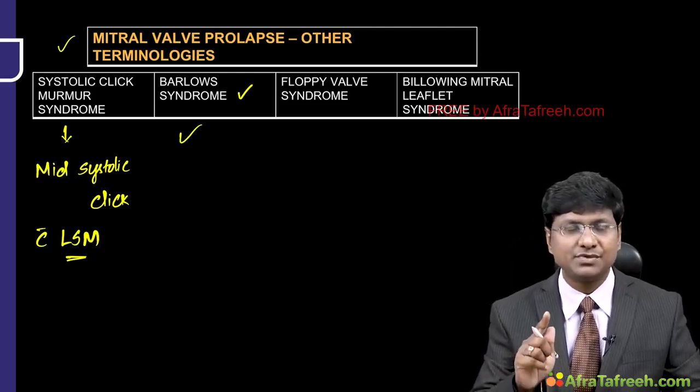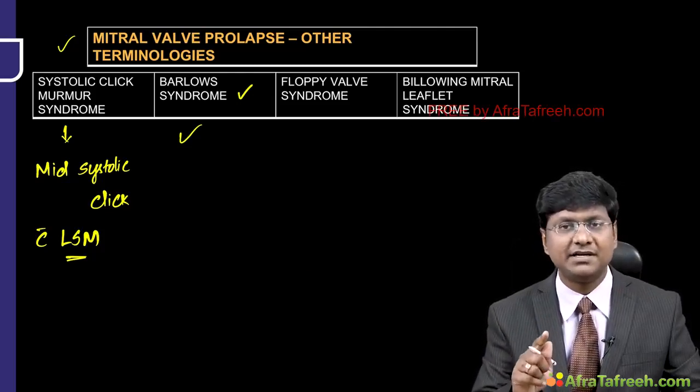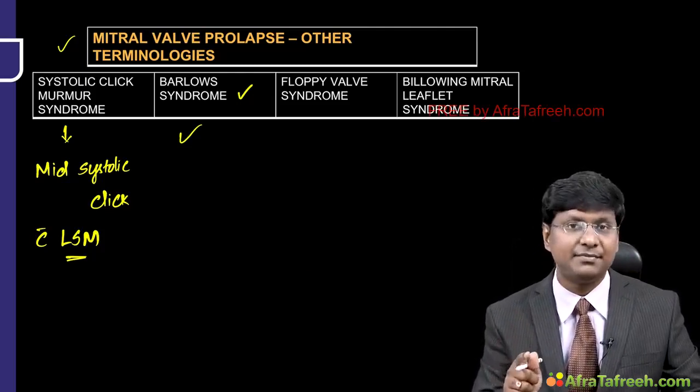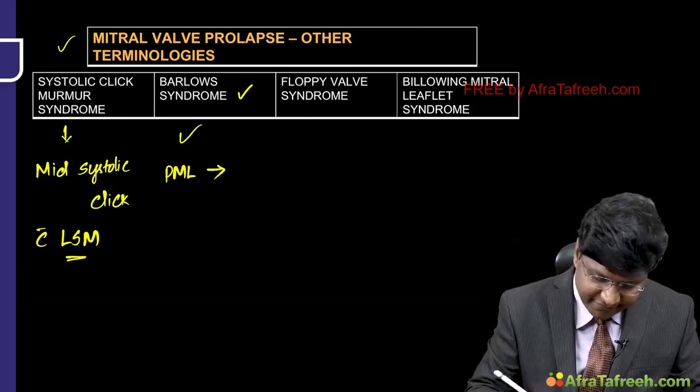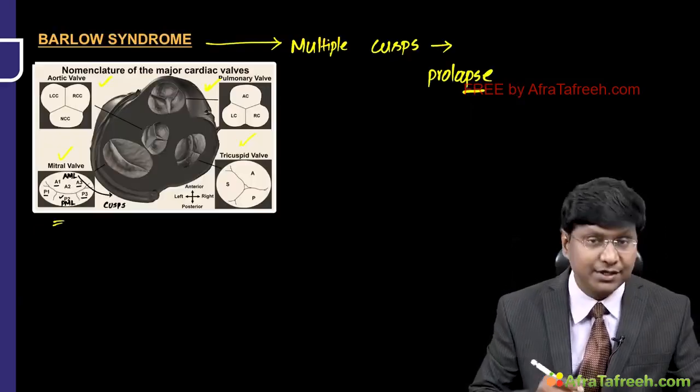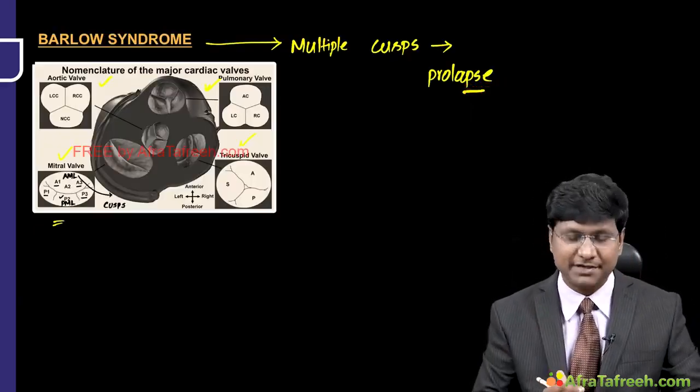So most of the times, which particular leaflet will prolapse into the left atrium during LV systole? It is the posterior mitral leaflet. And within the posterior mitral leaflet, again you have P1, P2 and P3.